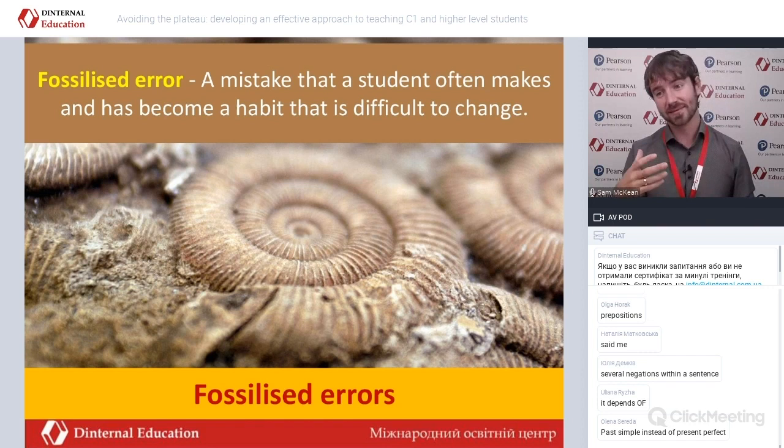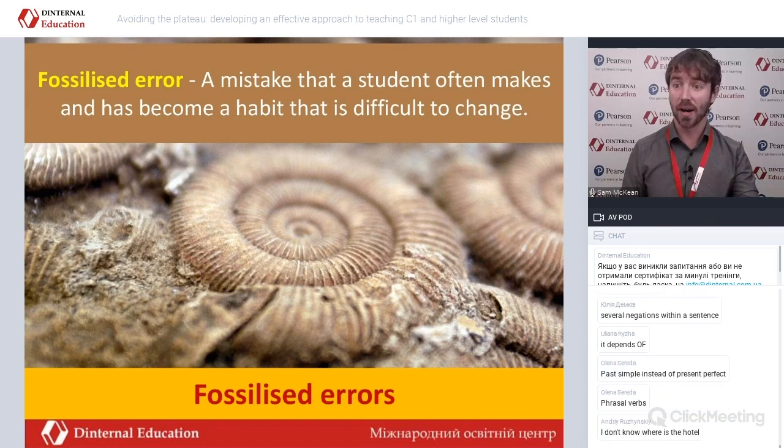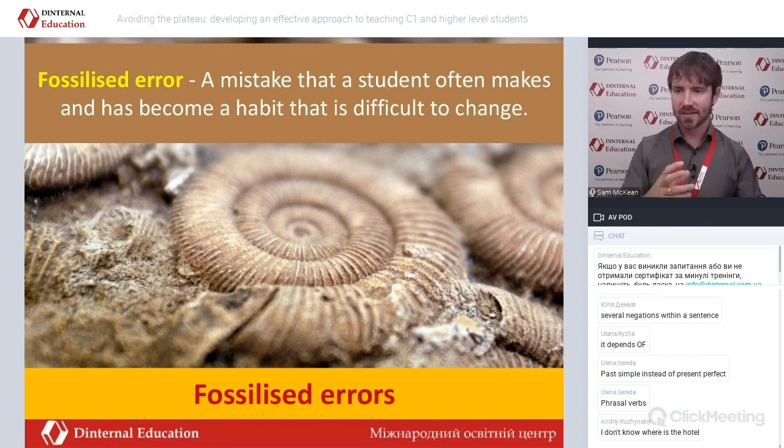Of course, it feels very difficult to correct these errors, but it's not impossible. And as we will see later, particularly in the next webinar, that's next week, there are ways that we can do that. Okay, there are activities we can use to help our students with these fossilized errors.